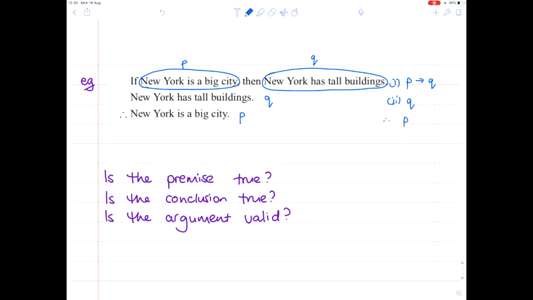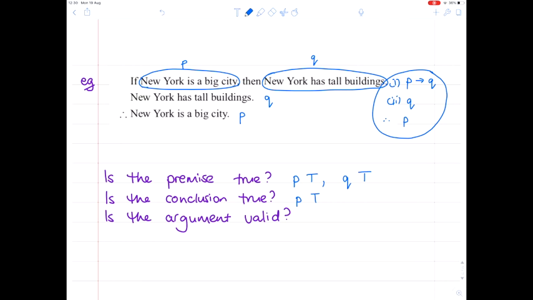Now hopefully some alarm bells are ringing, but let's work through this. Are the premises true? Well, New York is a big city, so our P is true. And New York definitely has some tall buildings, so Q is true. And the conclusion is also true. New York is a big city. But notice that this is not a valid argument.